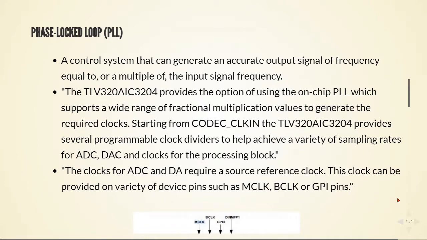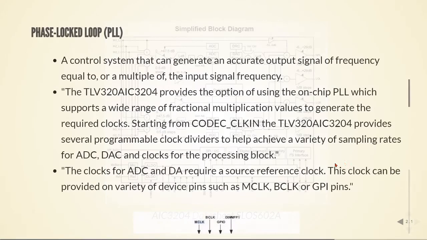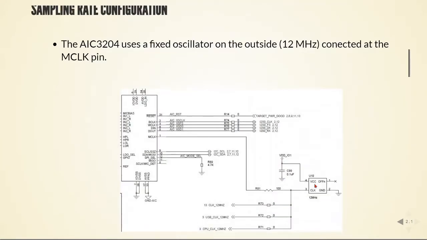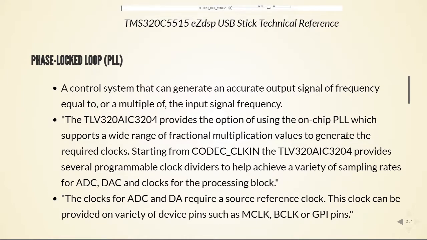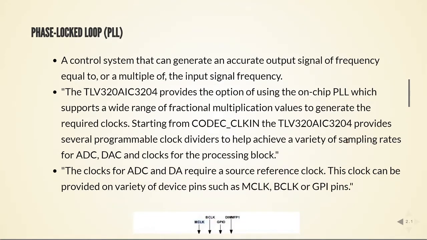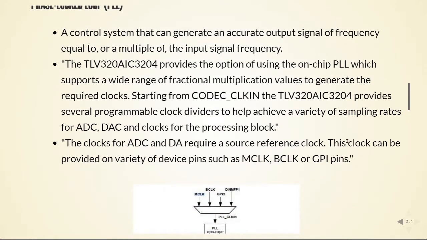In this case, we have this external 12 megahertz that's going to be used as a reference, and we can manipulate that to achieve a desired sampling frequency. The audio codec provides the option of using the on-chip PLL, which supports a wide range of fractional multiplication values to generate the required clocks.